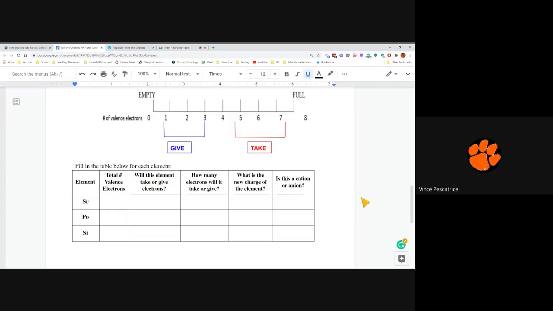Okay. So strontium is right here. What I'm going to ask you to do is look up the total number of valence electrons.